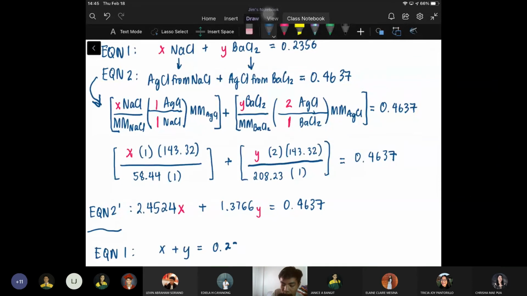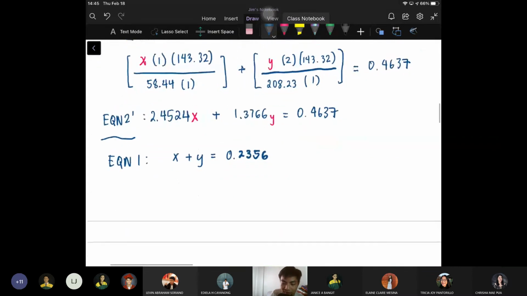Ganun talaga. Pero I will tell you, masanay na kayo. Involved talaga yung math dito. Isipin nyo na lang pag nasagot nyo to, pwede na kayo maging chemist. Diba?